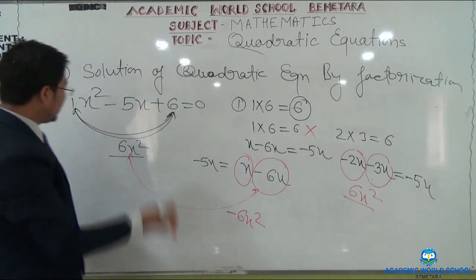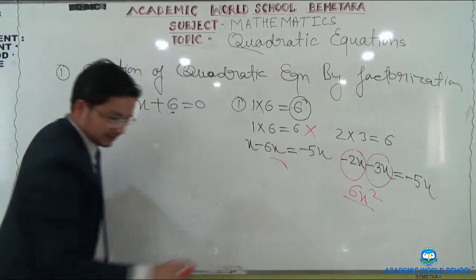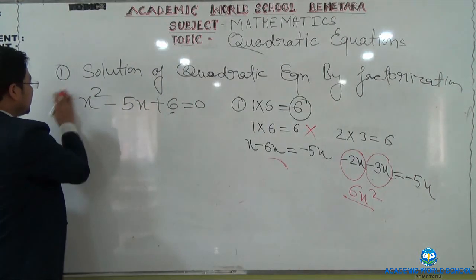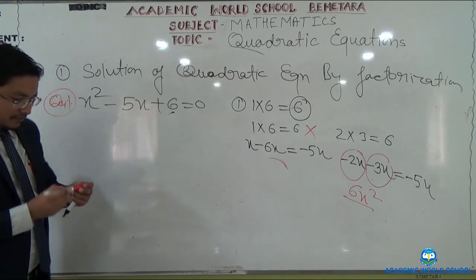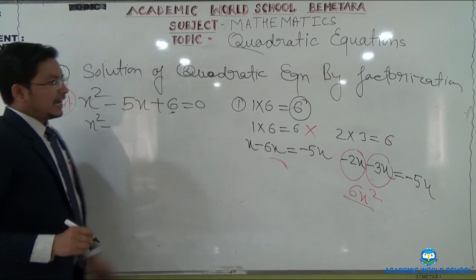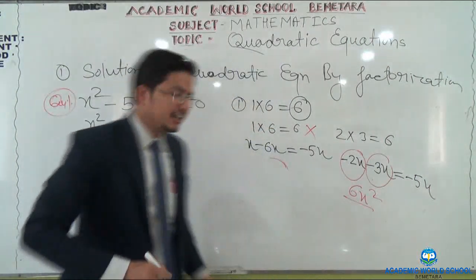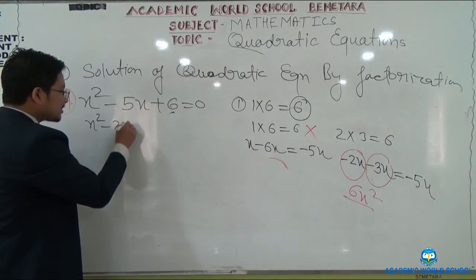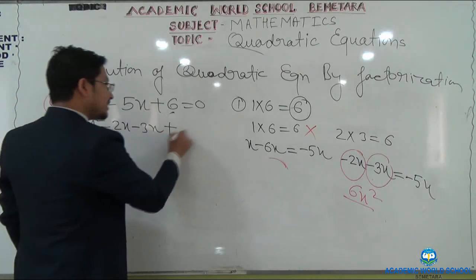So now I will be writing this. This is x square. This is question number 1. So this is x square. Now how should I write? Minus 2x and minus 3x, of course this is equal to minus 5x and plus 6.